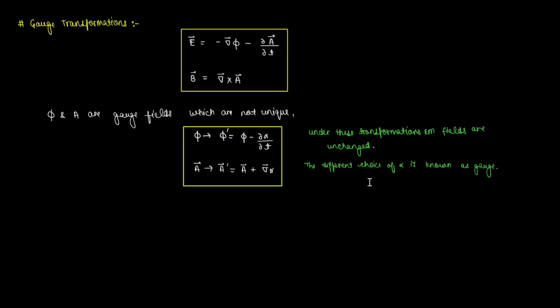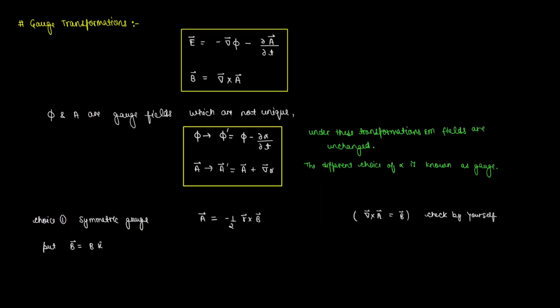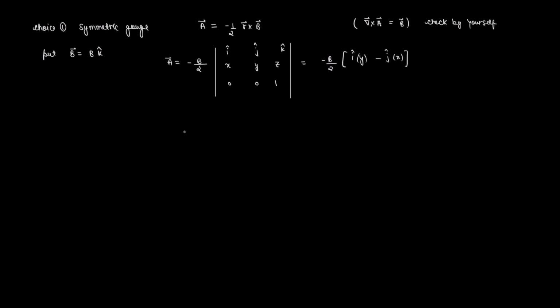One such choice is symmetric gauge, in which you can choose the vector potential to be equal to minus half of r cross B. And if you check, the curl of this vector field will give you the magnetic field B. Here we have taken the magnetic field to be in z direction, so therefore A vector will be equal to, so therefore under symmetric gauge, the vector potential will be equal to half of minus yB along i cap plus xB along j cap.